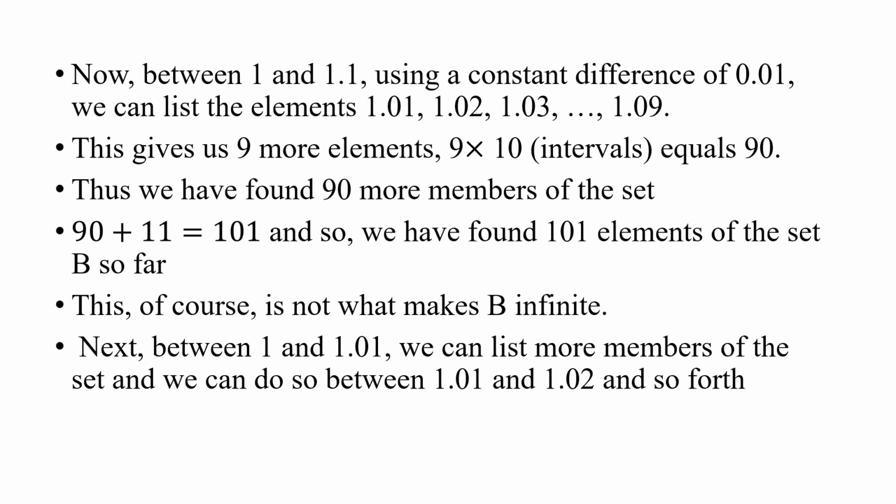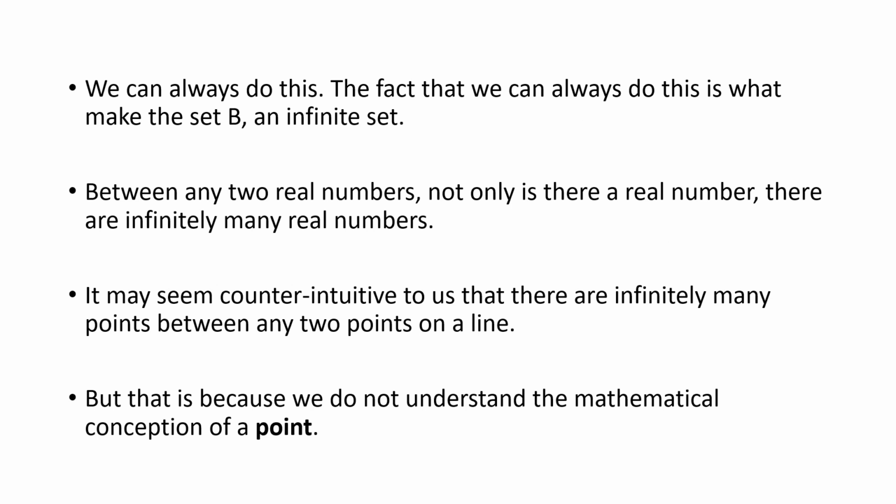Next, between 1 and 1.01, we can list more members of the set. We can do the same thing between 1.01 and 1.02. We can do the same between 1.02 and 1.03 and so forth. We can always do this. The fact that we can always do this is what makes the set B an infinite set.